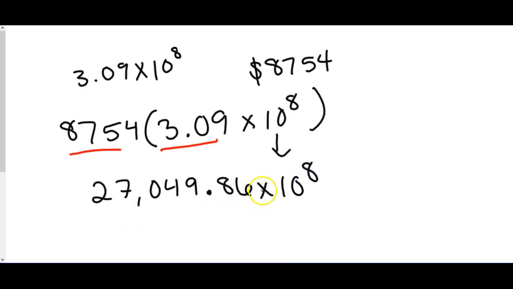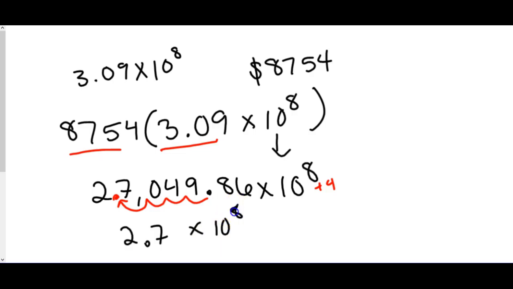So now we need to adjust our scientific notation. We have 1, 2, 3, 4 moves to put our decimal in the correct spot. So we add 4 to the exponent. We need 4 more 10s. So we have 2.7. Sometimes when there's a 0 immediately after, they'll just round here.